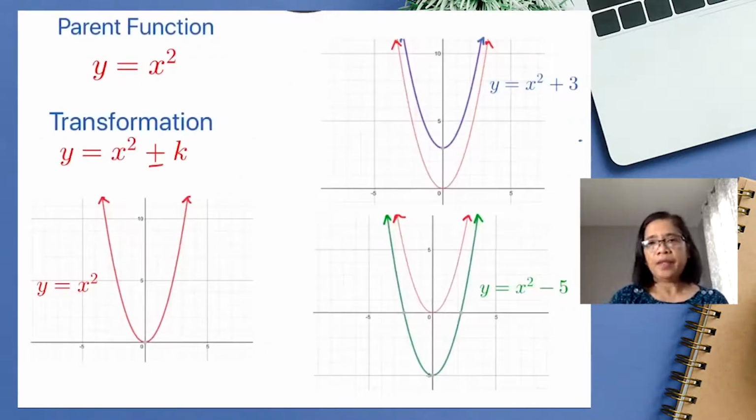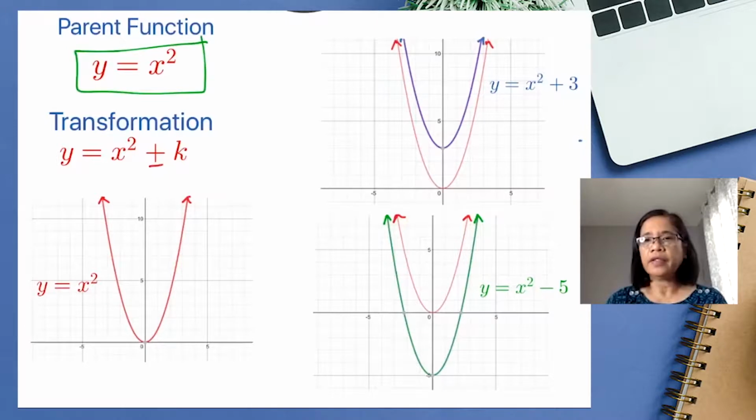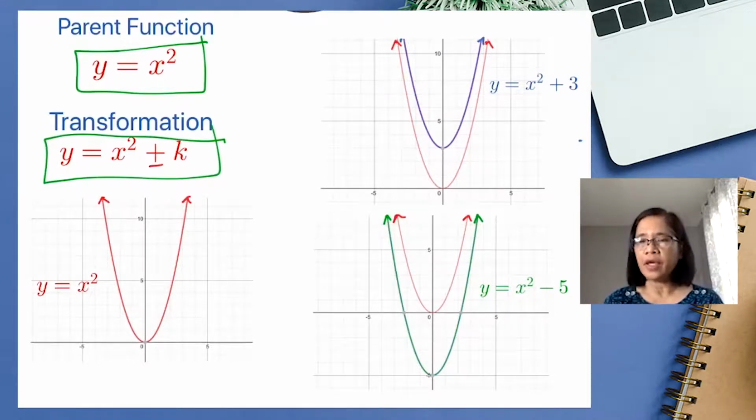Next, let's look at the transformation of the parabola when our k now is not equal to 0. This is our parent function, y equals x squared, a is 1, and we transform this into y equals x squared plus or minus k. If you have your graphing calculator, graph y equals x squared and check if you arrive at this same graph. It's facing upwards because a here is 1 and it's positive.